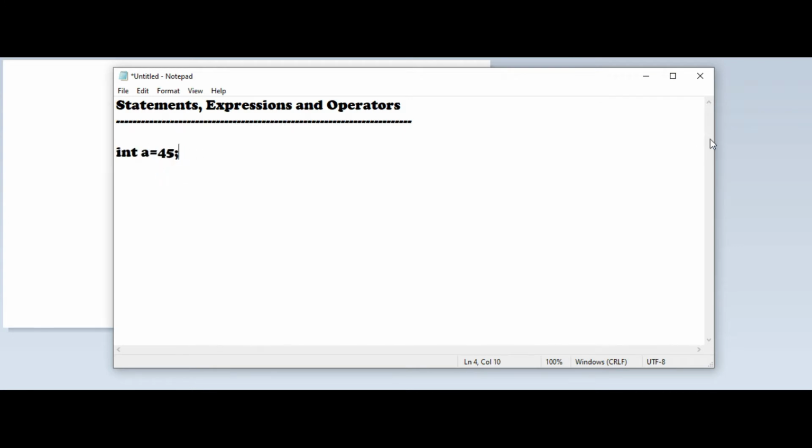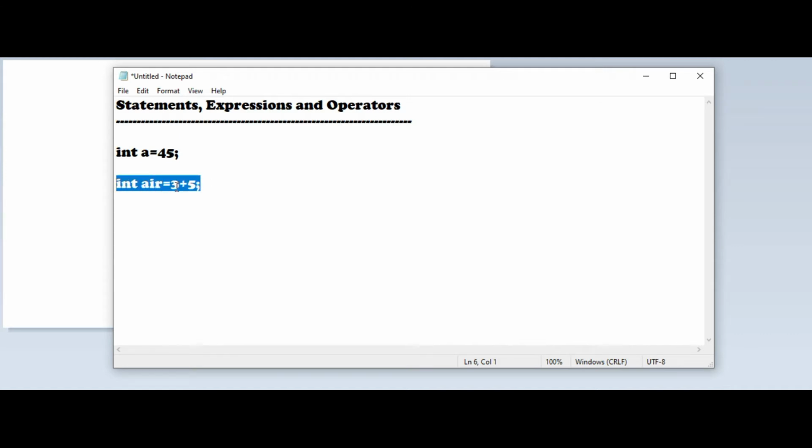Now, what is an expression? If we write something like int air is equal to 3 plus 5, this entire line is a statement.